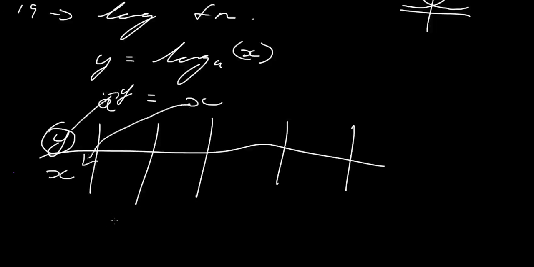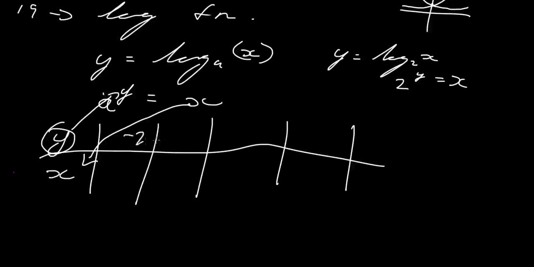Okay, so they give the example here. Sketch the graph y equals log base 2 of x. So we can write that as 2 to the y equals x. Now we're choosing y values to put in here, and we always choose our values around 0.